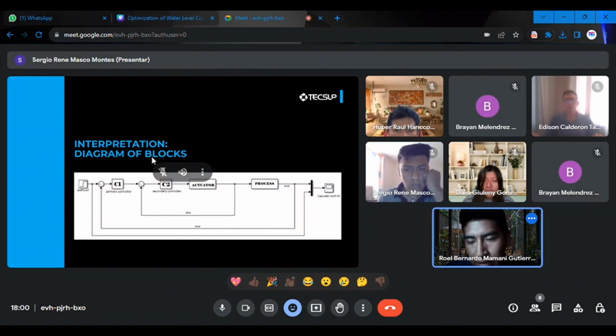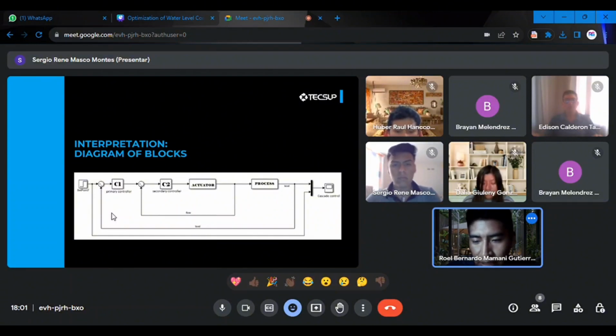Interpretation of the block diagram. The block diagram of the cascade control is as follows. We must start with tuning the internal loop, where our secondary controller, in charge of controlling the discharge valve, is located. Then we tune the primary controller together with the secondary controller.